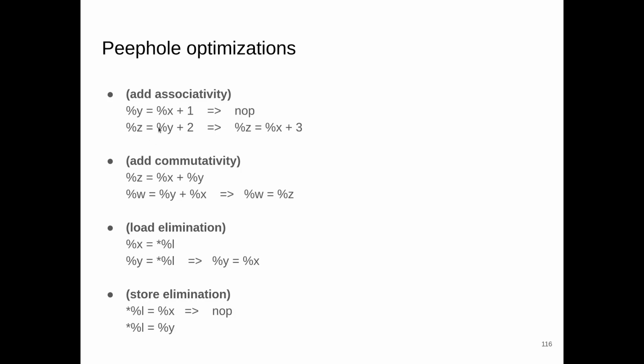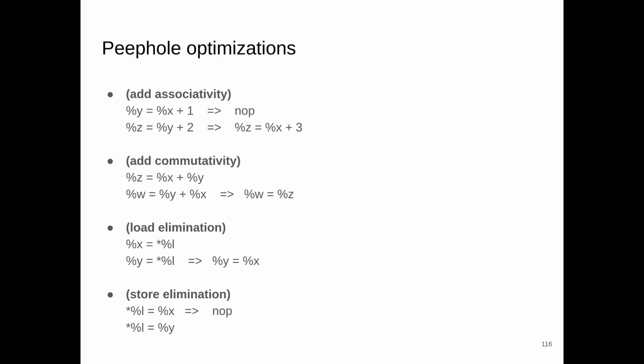If that is the case, we may want to optimize this program into here. First of all, just removing y equals blah blah, because y is no longer used, and replace y plus 2 with x plus 3, because effectively z is y plus 2, which equals x plus 1 plus 2, and by some simplification using addition's associativity we will know that it should be x plus 3, and as a result we can simplify this instruction into z equals x plus 3.